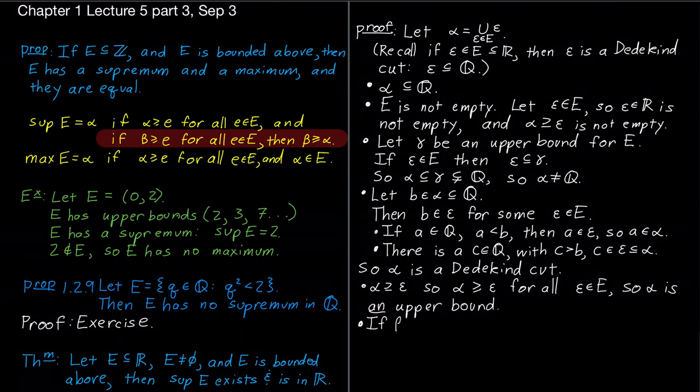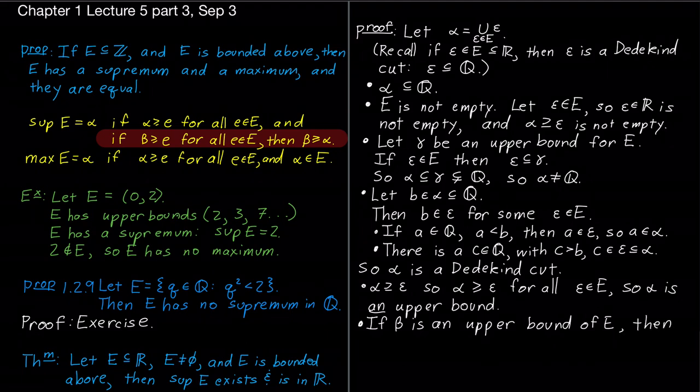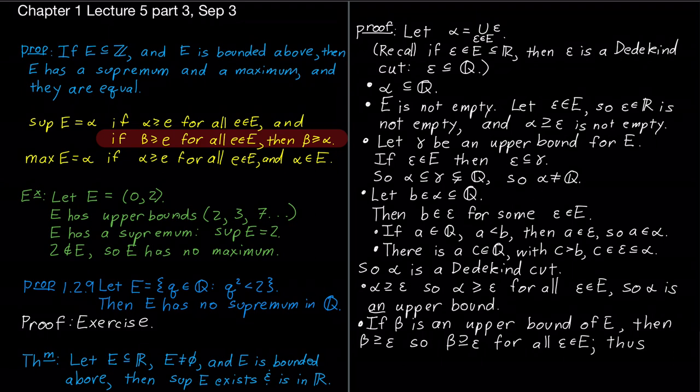And if beta is an upper bound, then that means beta is greater than or equal to epsilon, so beta is a superset of epsilon for all epsilon in E. Thus, if beta contains all the epsilons, it contains their union, which is just alpha, and containment means greater than or equal to.